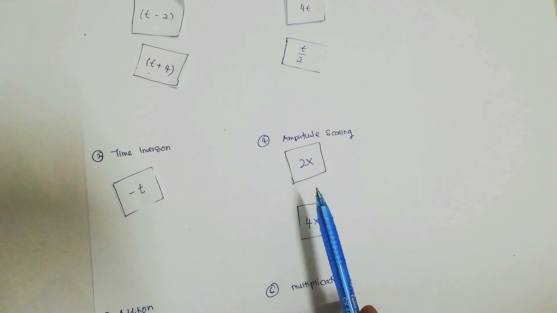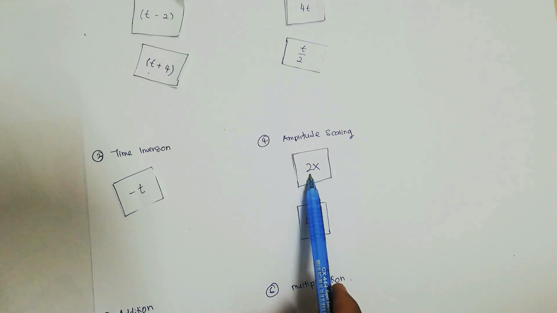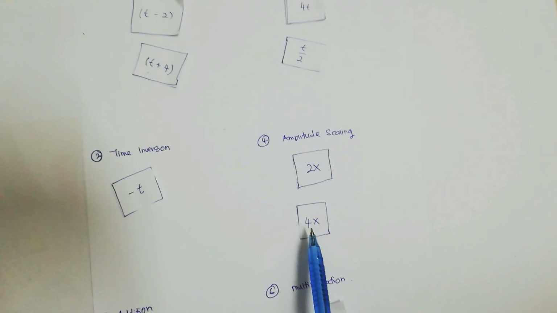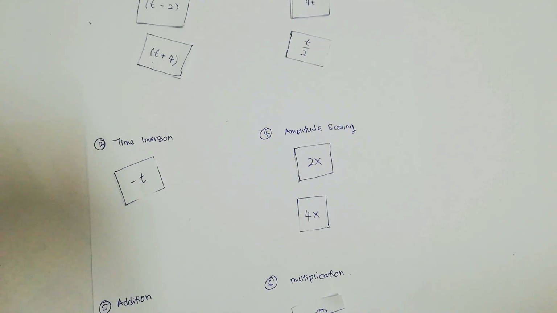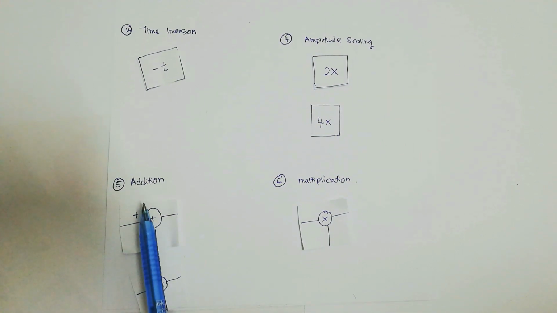Then we have the amplitude scaling system, where you multiply your signal with 2, and you multiply your signal with 4. Down here we have the addition transformation, where we have two systems over here.